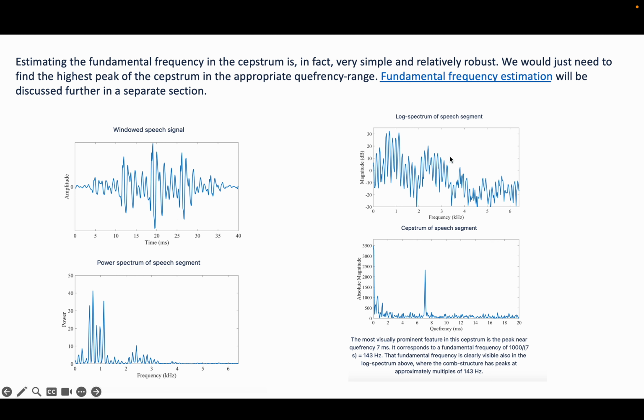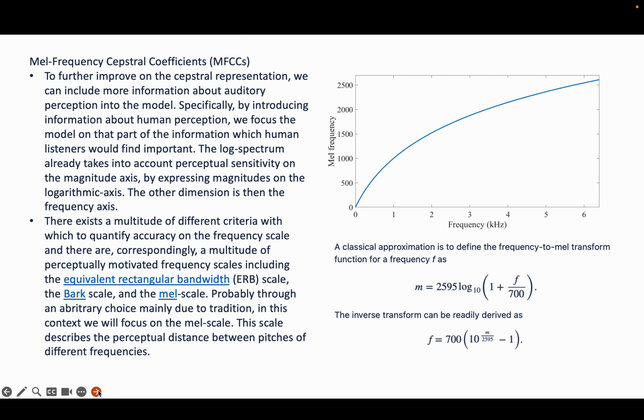We then have the power spectrum, the log spectrum, and then you can clearly see here's our fundamental frequency showing up in the cepstrum. Now the cepstral coefficients, as we talked about early in the lecture, you basically take this mel frequency scale and you implement a filter bank based on the mel frequency scale.